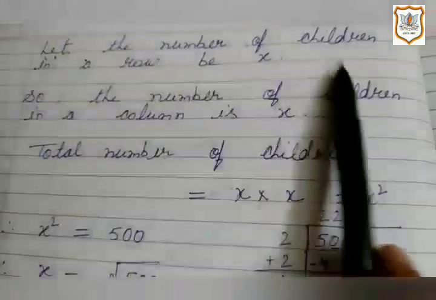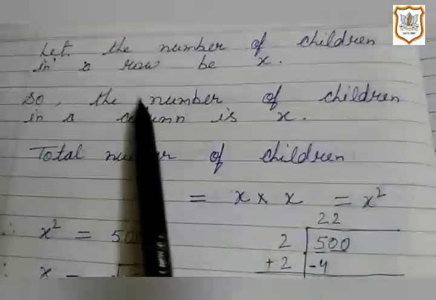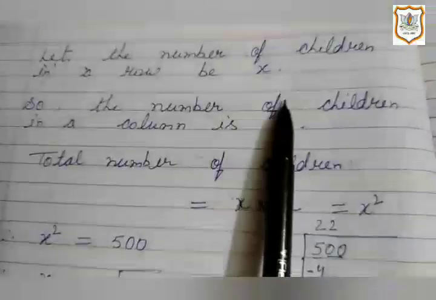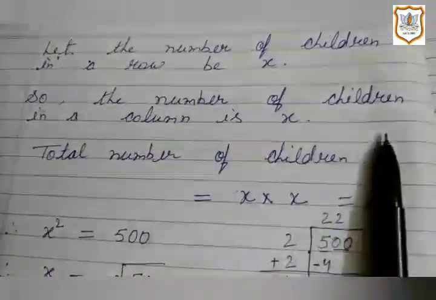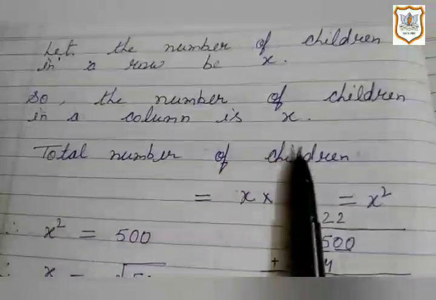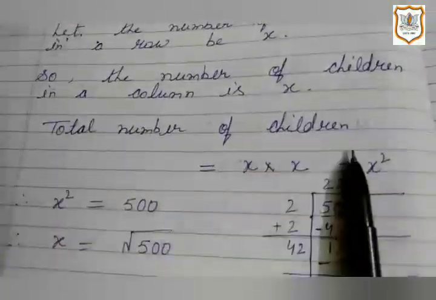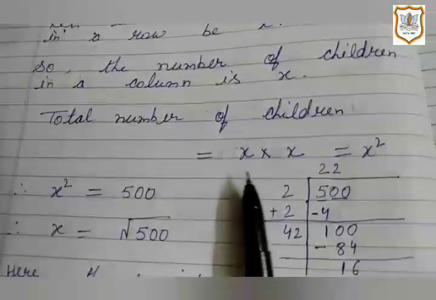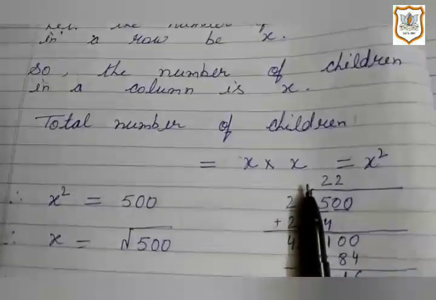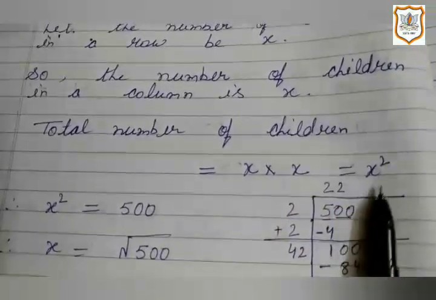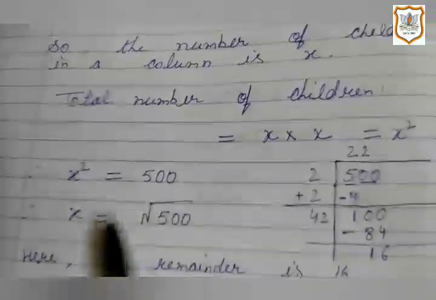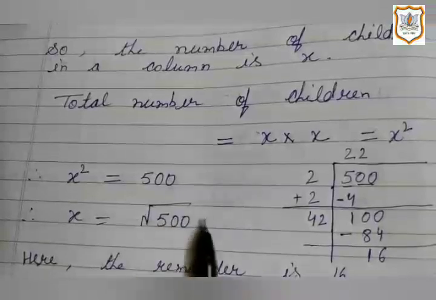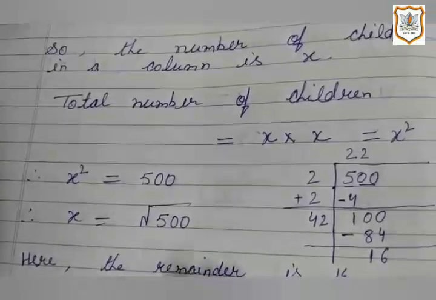Let the number of children in a row be x. So the number of children in a column is x. Total number of children is equal to x multiply x, which is x square. X square equal 500. X equal square root of 500.